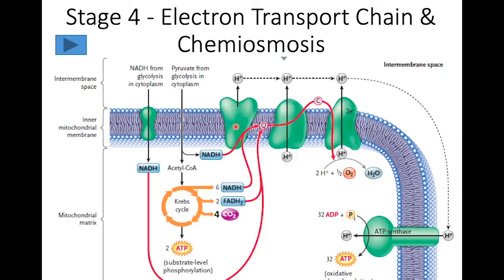Now, each of these protein complexes serves an important role in helping us create a concentration gradient within the intermembrane space. And we've talked about this before. We're creating a high concentration gradient and we're continuing to pump these hydrogen ions into this space. What type of transport mechanism must that be?